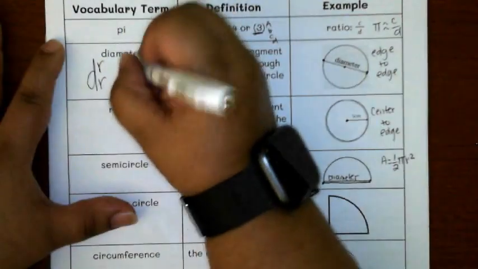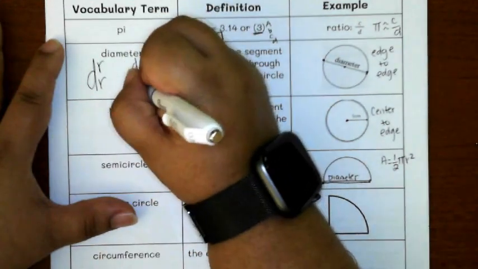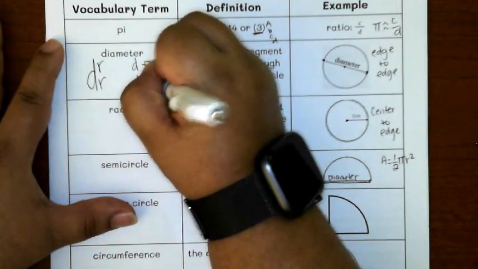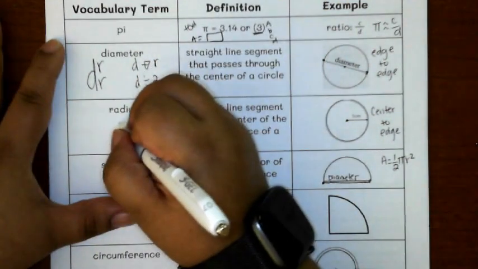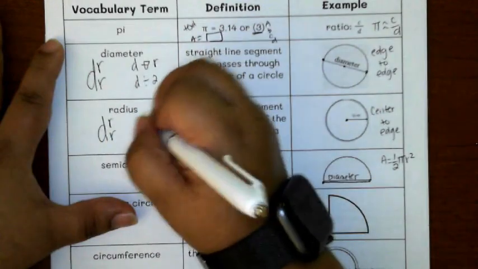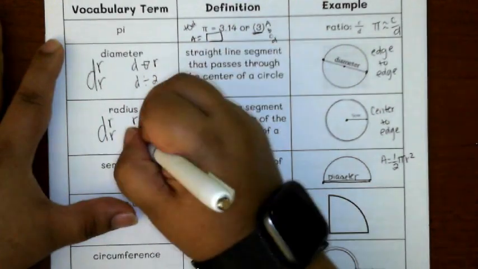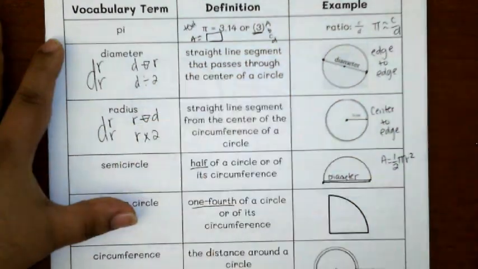So if you want to go from diameter to radius, you have to take the diameter divided by 2. Again, remember, radius is half of diameter. If you want to go from radius to diameter, you're going to have to take radius times 2 to get the diameter.